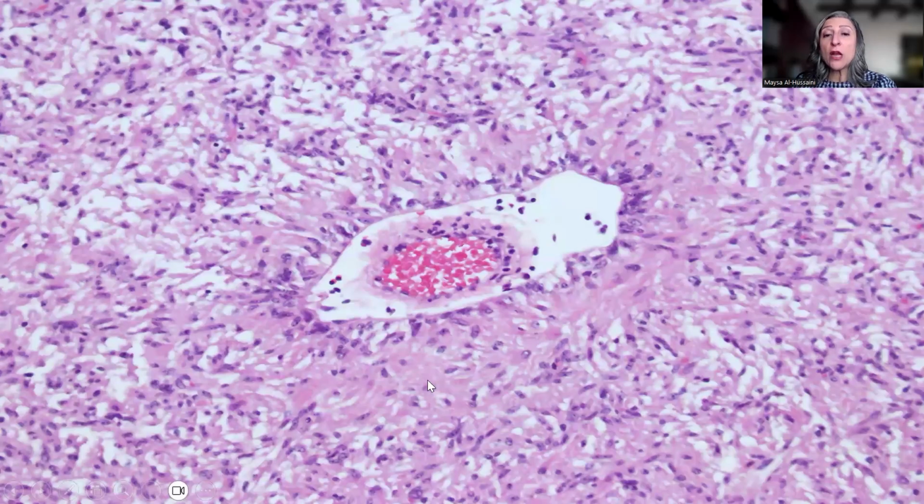In other areas, as you see here, there is reverse polarity, where the processes of the tumor cells are pointing away from the lumen of the vessel, whereas the nuclei are the ones which hug the vessels. And this is why we see this prominent vascularity in the tumor.